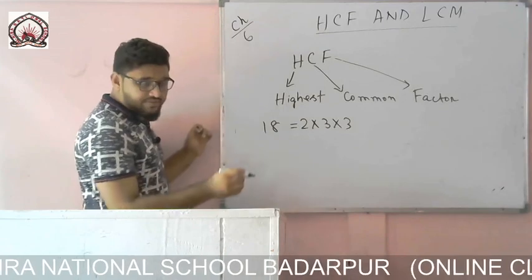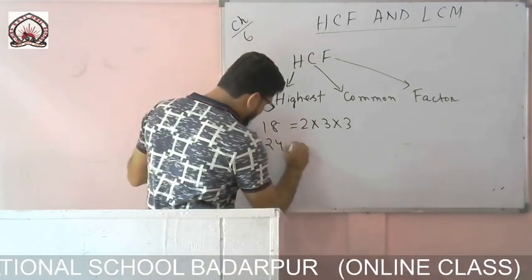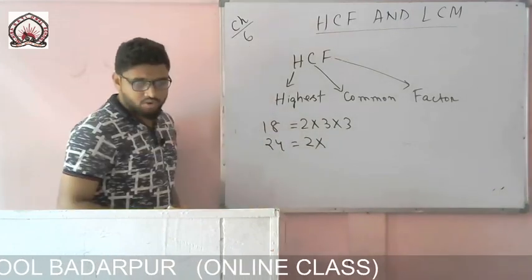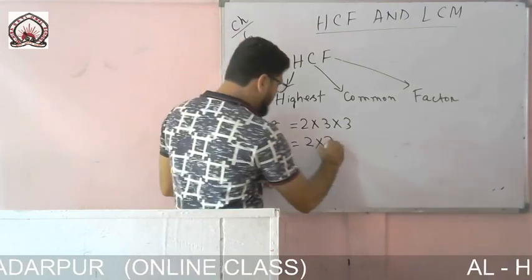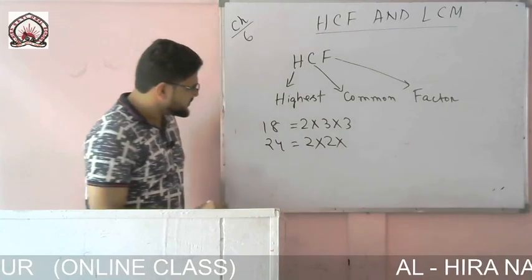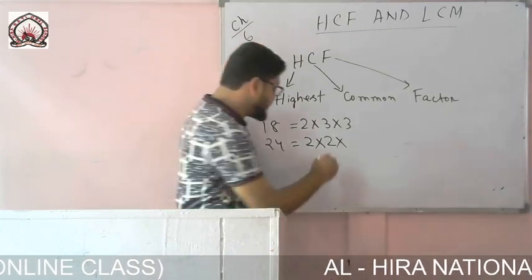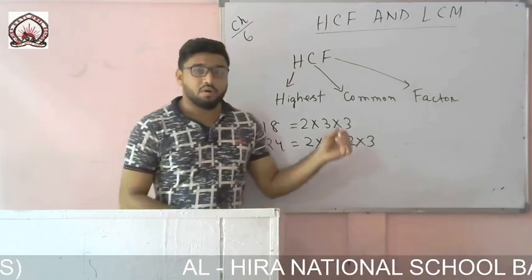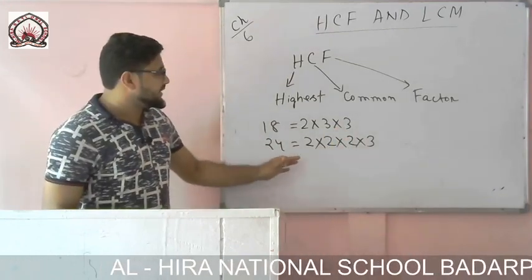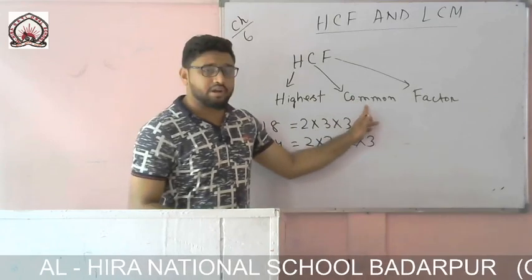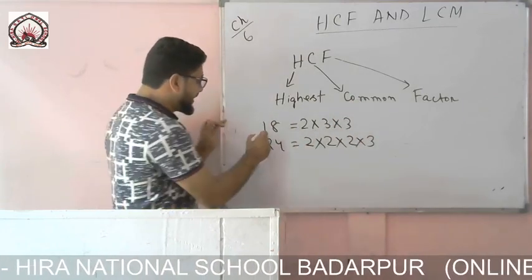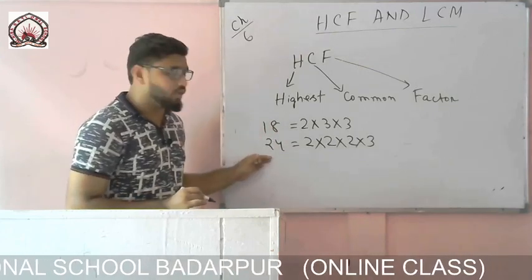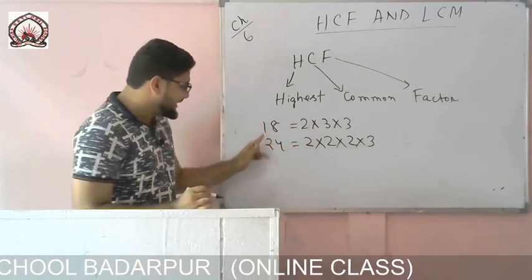Now if I write 24 and factorize this, then 2 into 2 into 2 into 3. Now from that you have to take the common, that means the factors which are present in both 18 and 24.